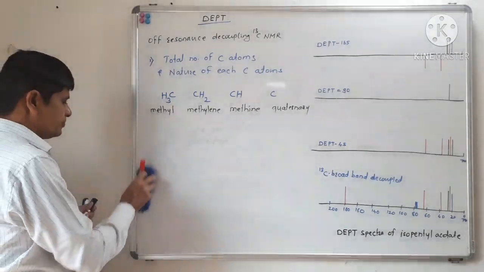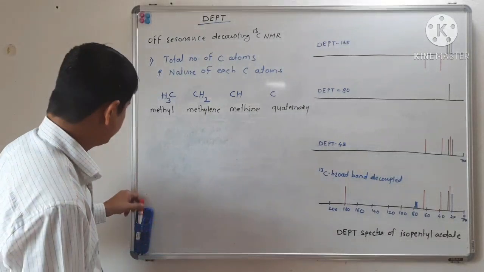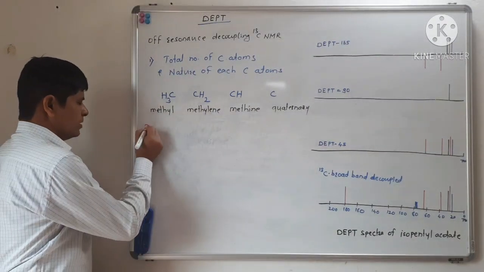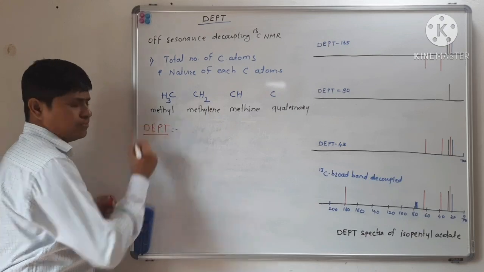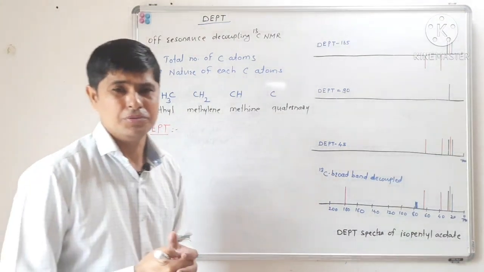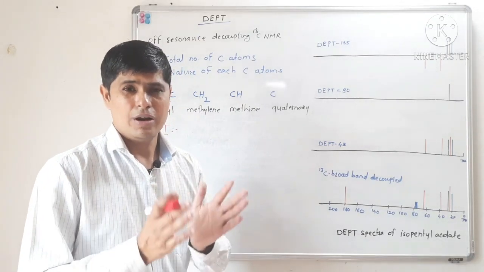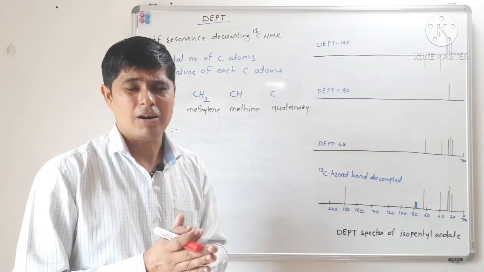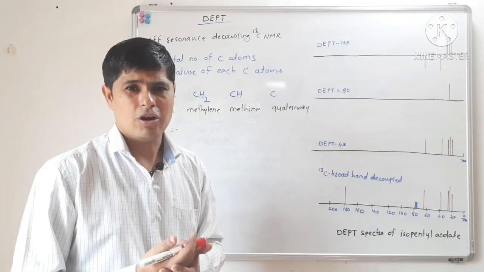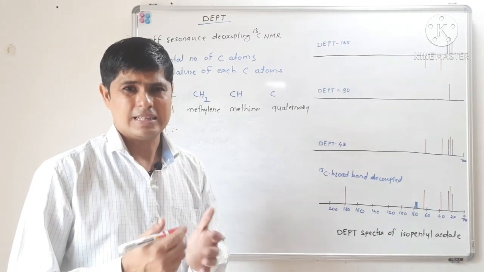Now see, in DEPT, what we have to do is irradiate a sample for which we want to record carbon 13 DEPT NMR.